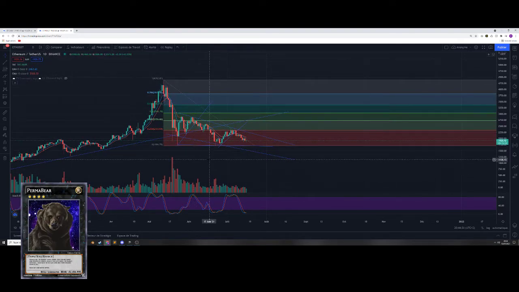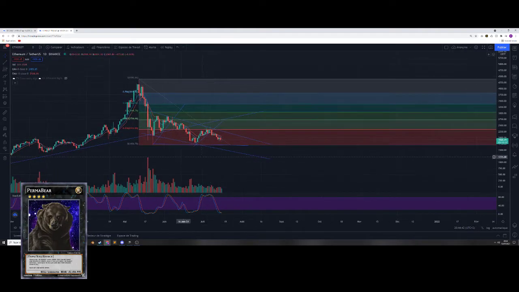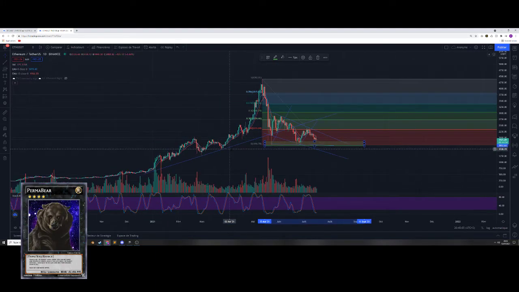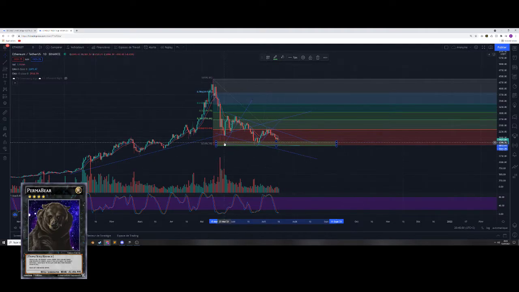ETH is kind of doing the same thing it did in the past. It is trying to reach that zone of support, that zone of support that honestly has given a huge bounce since a few weeks.